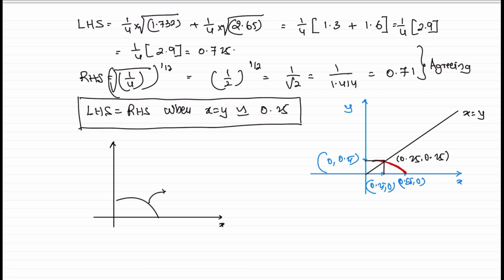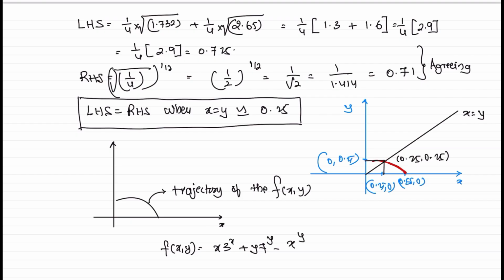This is the trajectory, I can rather say, trace or trajectory of the function f(x, y), where the function is defined as x into 3 to the power of x plus y into 7 to the power of y minus x to the power of y. This is the final answer, and this is the shape of the curve.